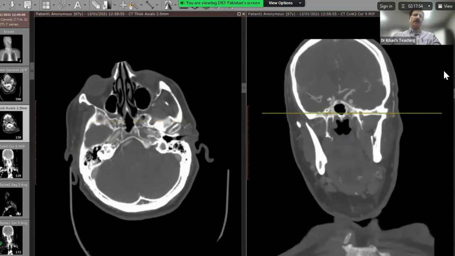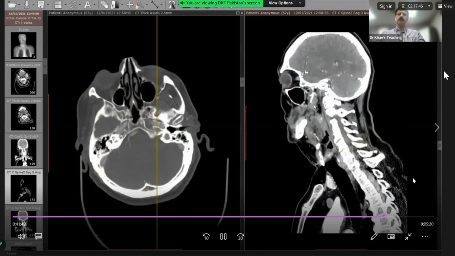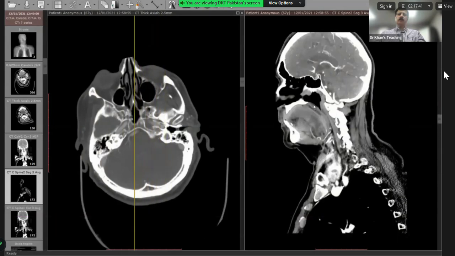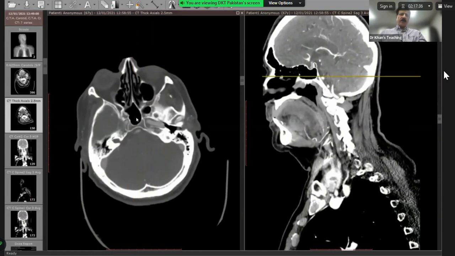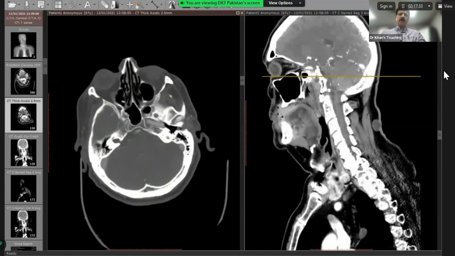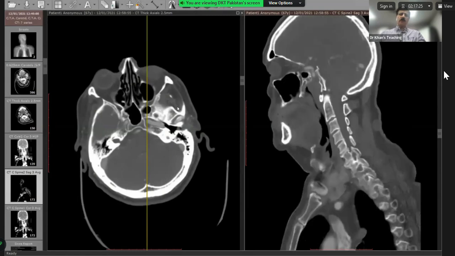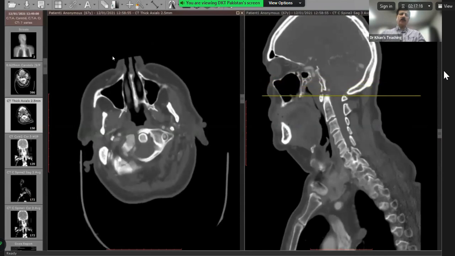Let me put in a sagittal instead of a coronal. Now, our aim is, let me change the window here to bone window. Now, our aim is just to see the vessels through the carotid canal.